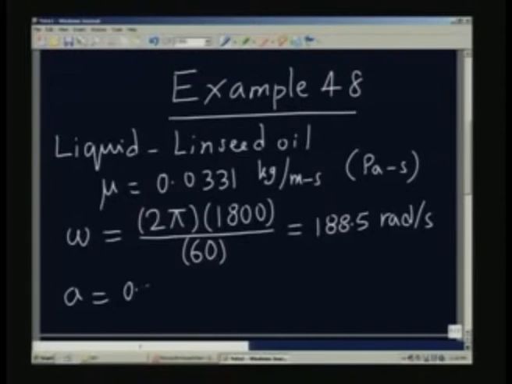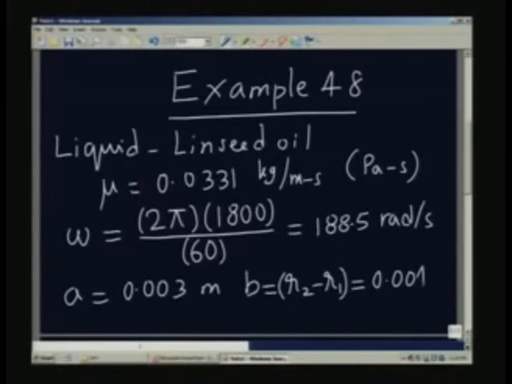So, I will put it as 0.003 meter in SI units, and the gap B is nothing but R2 minus R1, and R2 is 38 millimeters and R1 is 37 millimeters. So, this will be 1 millimeter, so this becomes 0.001 meter.